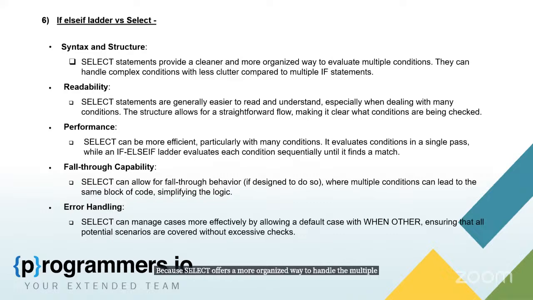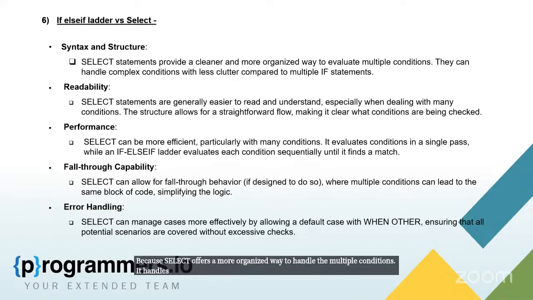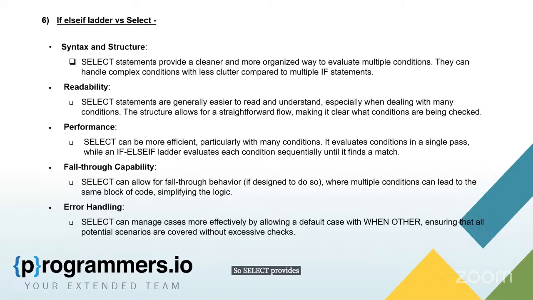It handles complex checks without cluttering the data, unlike multiple if conditions. In case of readability, the structure of the select makes it easier to read and understand when we have so many conditions. So select provides a clear flow, showing exactly what we are evaluating.